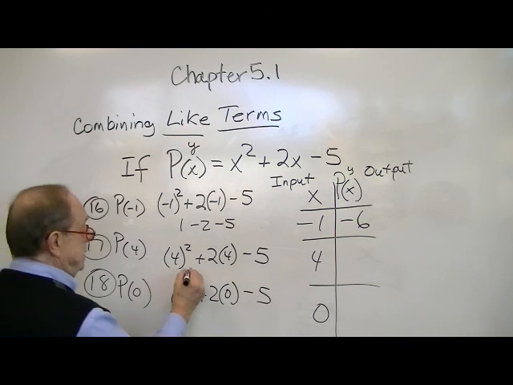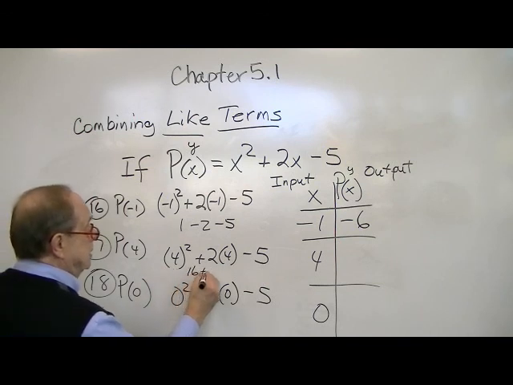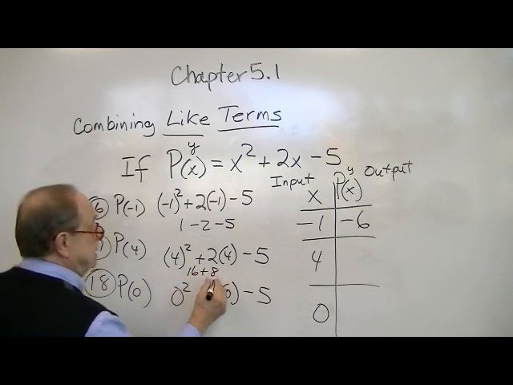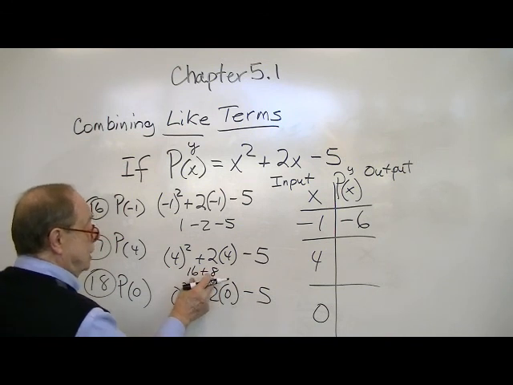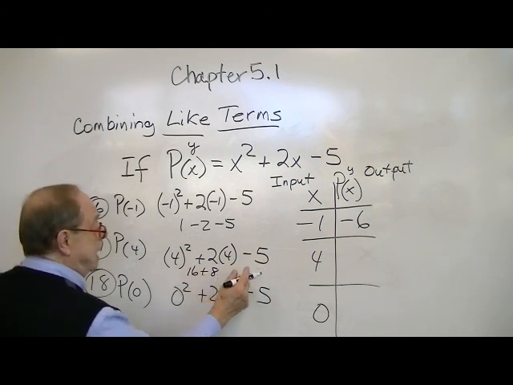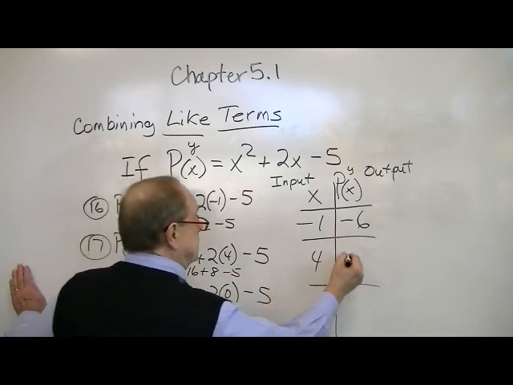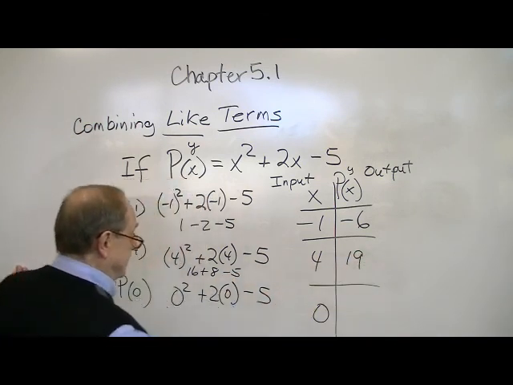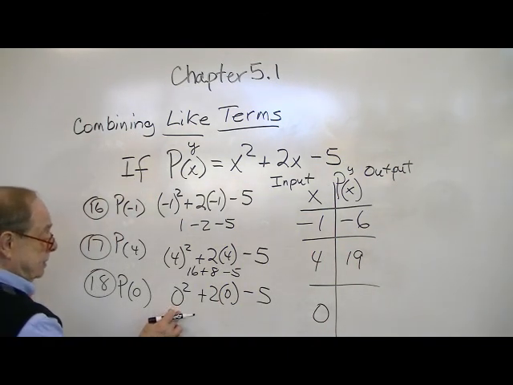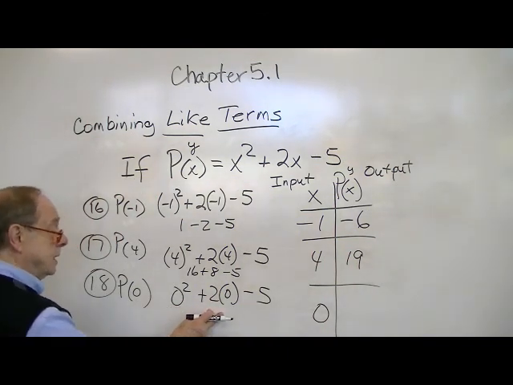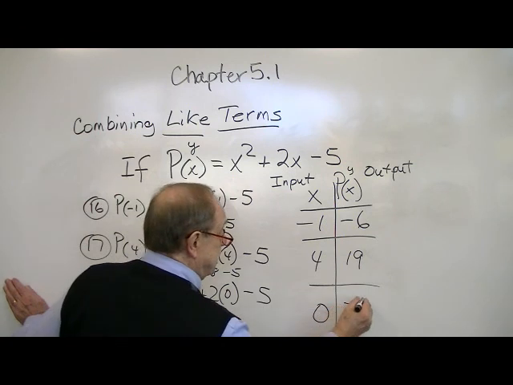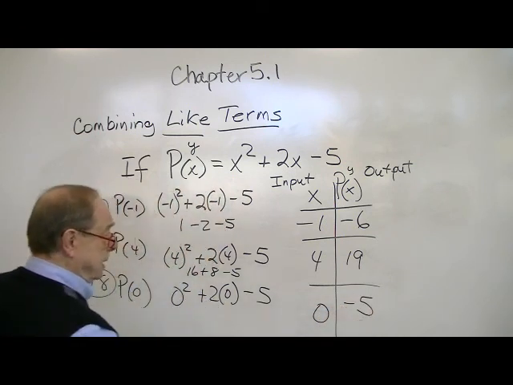This is going to be 16 plus 8 is 24, minus 5 is 19. And this is 0, this is 0, and this is a -5.